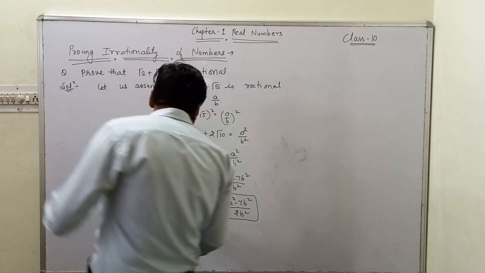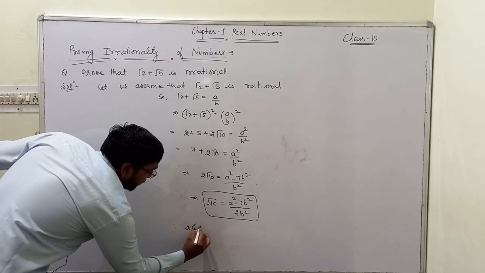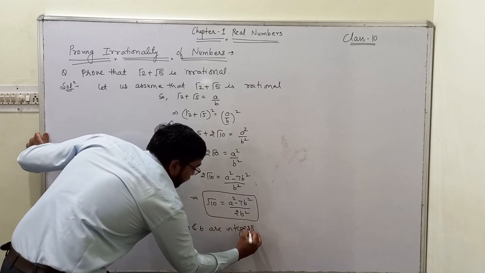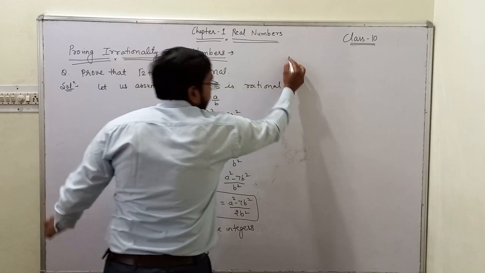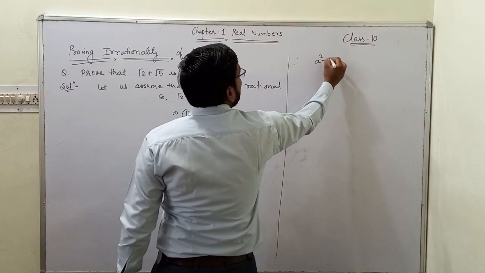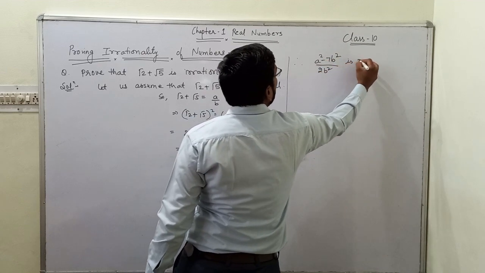So we will write now, since a and b are integers, therefore a square minus 7b square upon 2b square is rational.